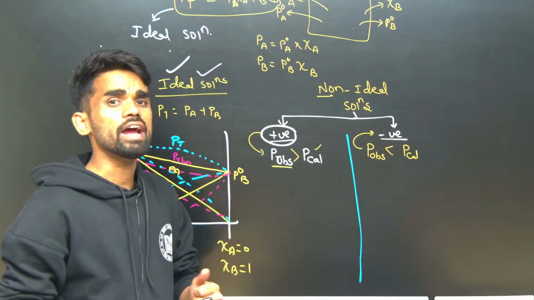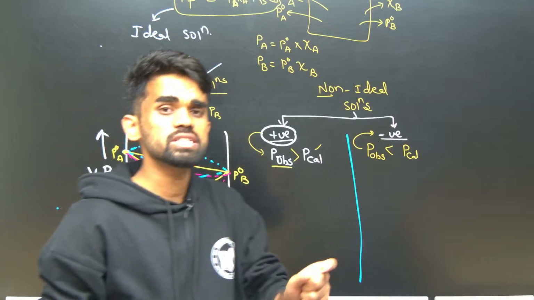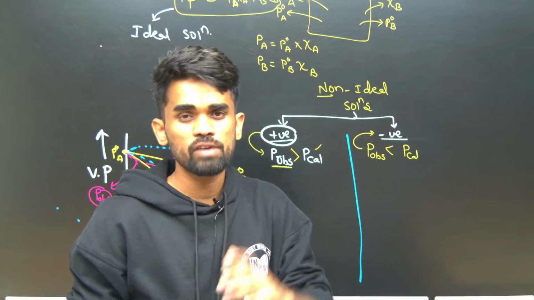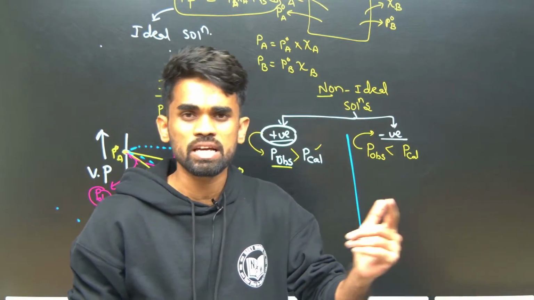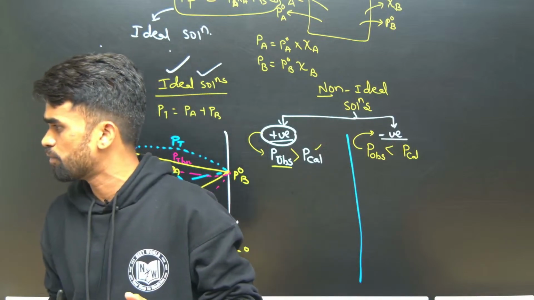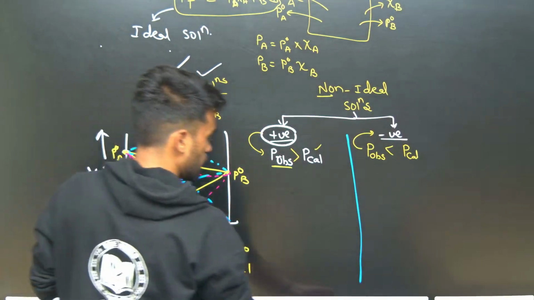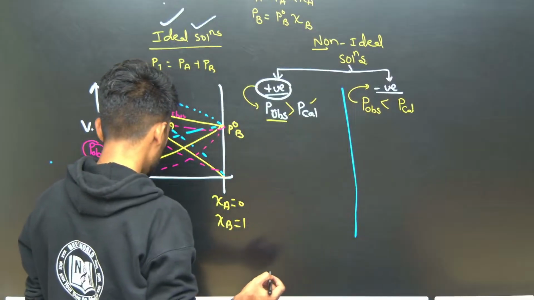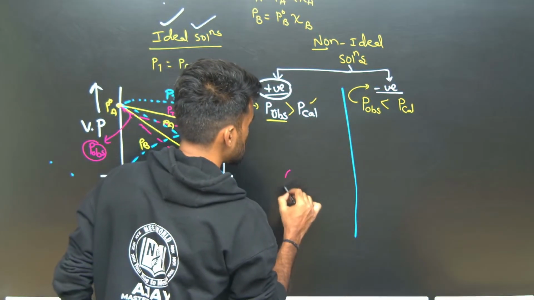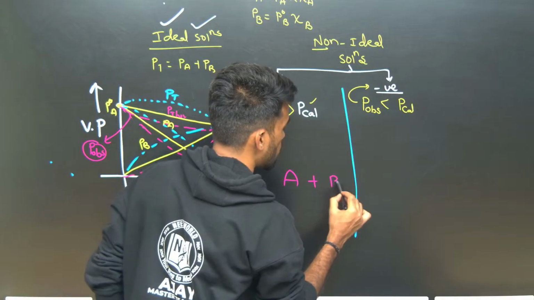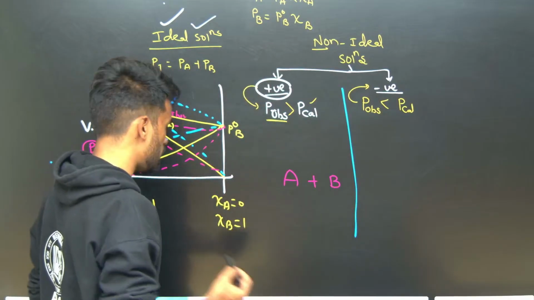Now how can you identify whether a given composition is ideal or non-ideal? If non-ideal, whether it is negative deviation or positive deviation, how do you identify this, just by looking at the composition? Just look here, if I mix two components, let us say A and B are the two components I am mixing to make a solution.